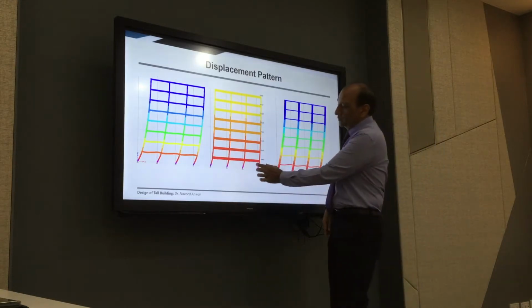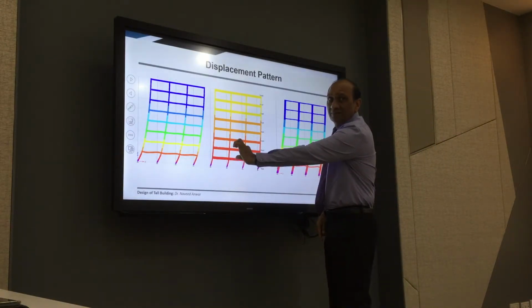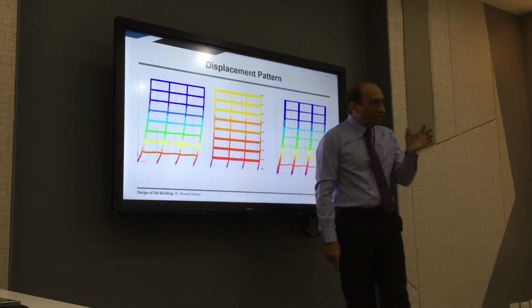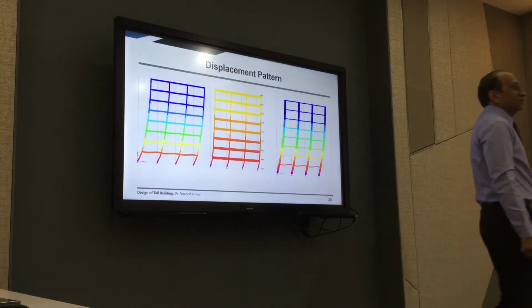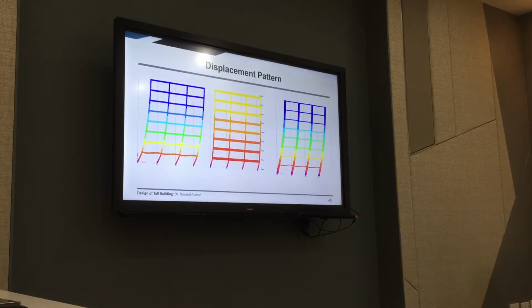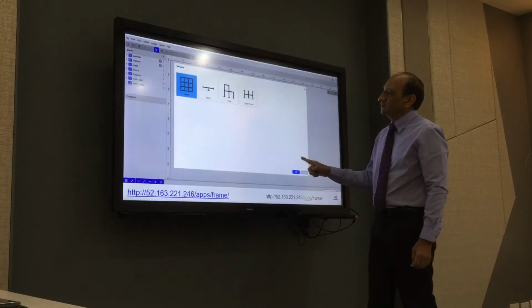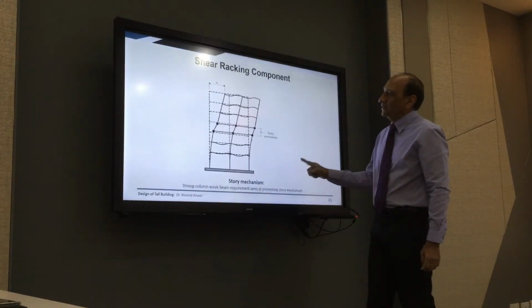Then in that case, the columns will be very big, and these beams will also be very big. So then it will behave almost the same as a real shear wall. So a shear wall can be thought of as consisting of vertical elements and horizontal elements, but they are so big that they are very stiff, so that you will get similar behavior as a frame of that kind.